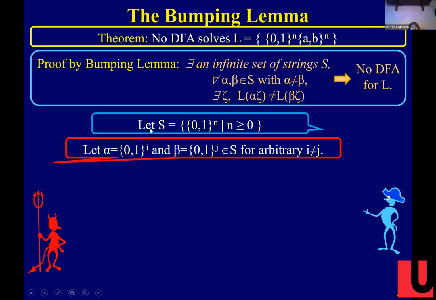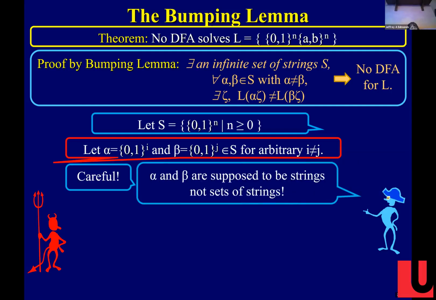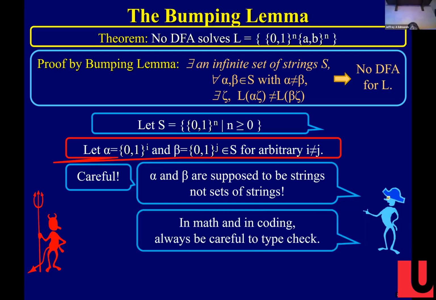Does he give me that? No, that's not a string. That's a set of strings, and he doesn't give me a set of strings. He gives me 2 strings. So that's not good. Alpha and beta are not supposed to be sets of strings. They're supposed to be strings.